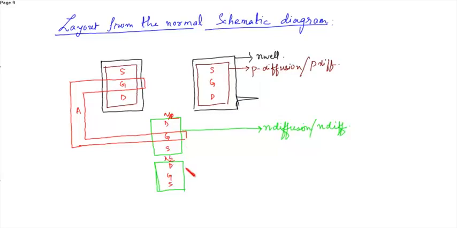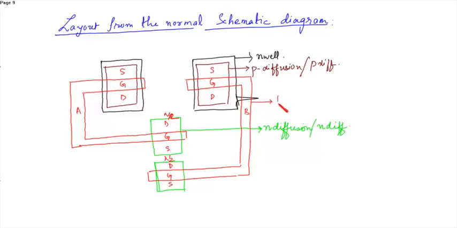Actually we had to do this as N1 and this as N2. If you want, you can change it. Then this is the second input, that is B, and this is the poly layer.